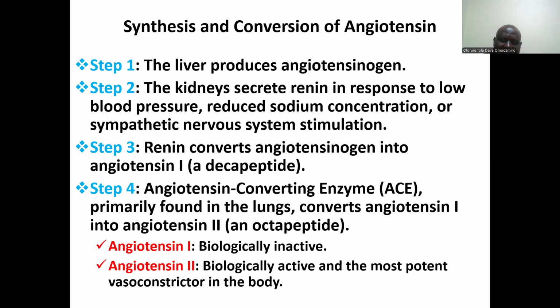And then the third step is that renin converts angiotensinogen into angiotensin 1, a decapeptide. So renin acts on the angiotensinogen produced by the liver, and converts it to angiotensin 1. The fourth step is the conversion of angiotensin 1 to angiotensin 2.